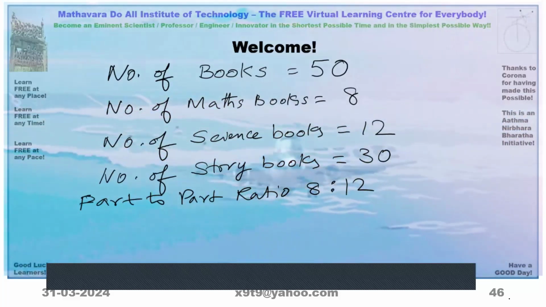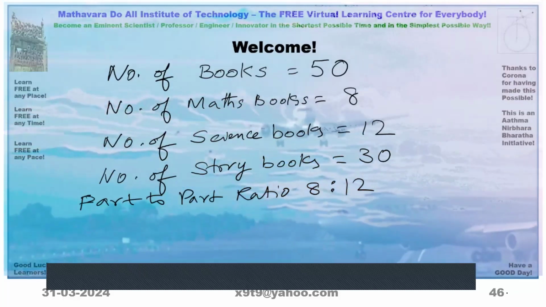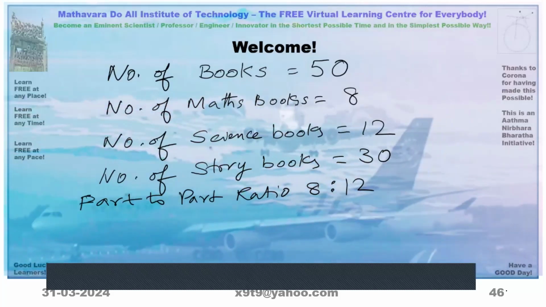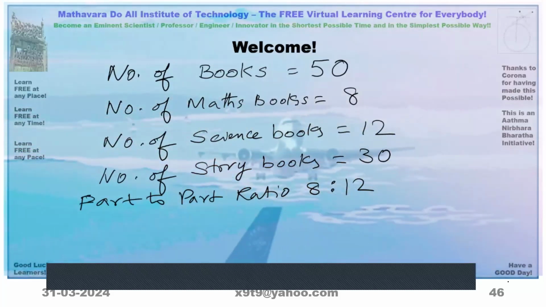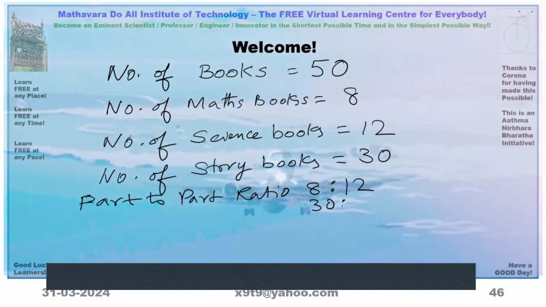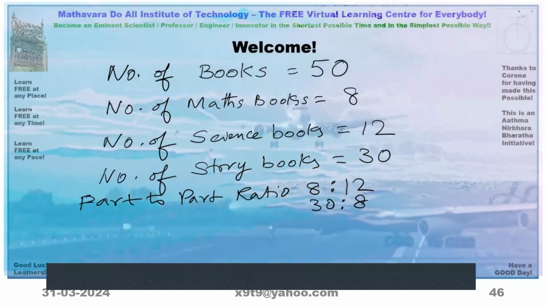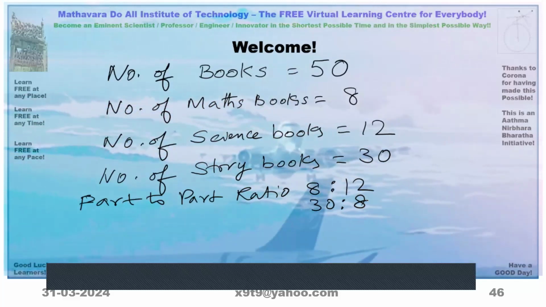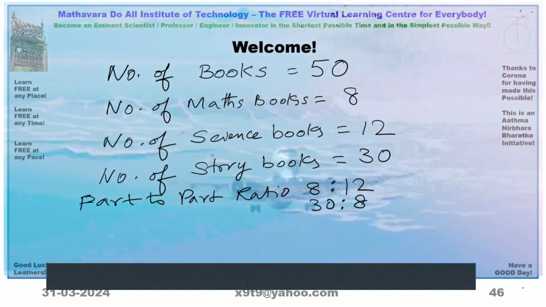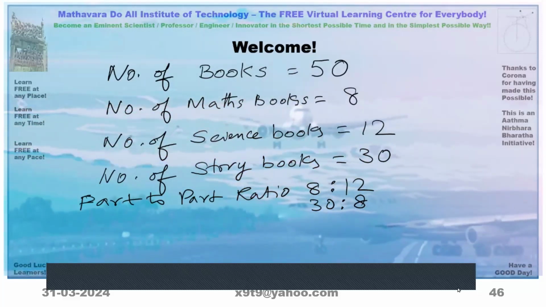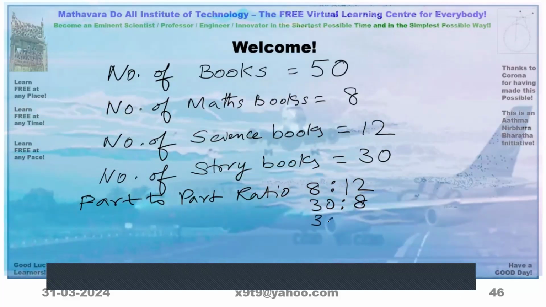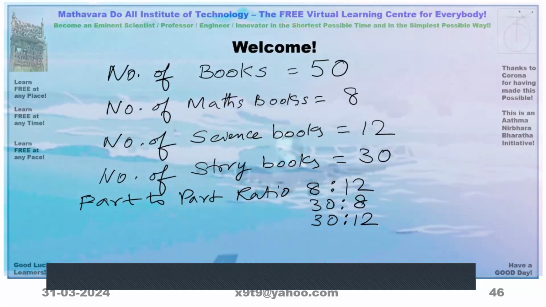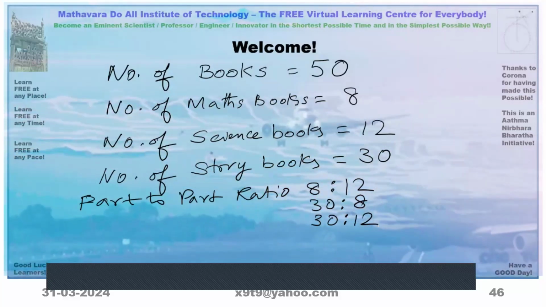Now what is the ratio of story books to mathematics books? 30 to 8. What is the number of story books to science books? 30 to 12.